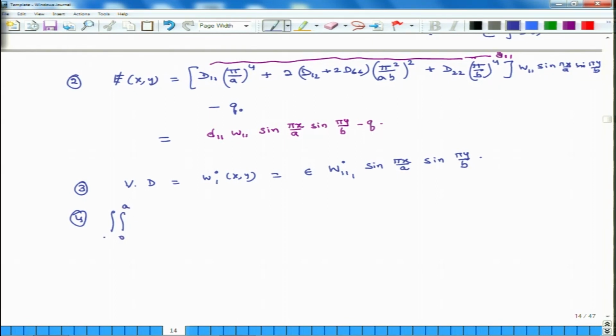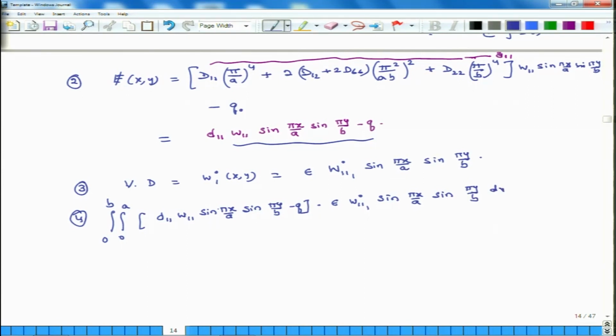So, integral from 0 to a, 0 to b of my error force, which is small d11 W11 sin(pi x over a) sin(pi y over b) minus q, times the virtual displacement W111 sin(pi x over a) sin(pi y over b) dx dy. This is my entire virtual work, and this should be equal to 0.